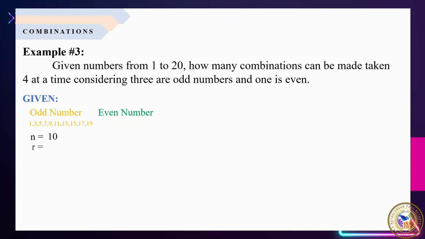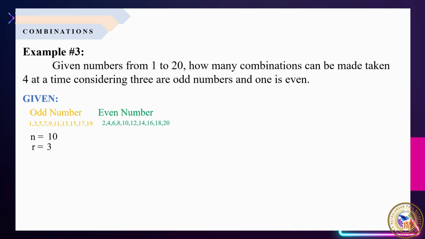Okay? And r, ilan yung r na ilalagay natin? So, balik tayo sa problem natin. Given numbers from 1 to 20, how many combinations can be made taken 4 at a time considering 3 are odd numbers? So, ibig sabihin, ang r natin ay 3. Okay? Next, another event is yung ating even number. Ano ba yung mga even numbers natin from 1 to 20?